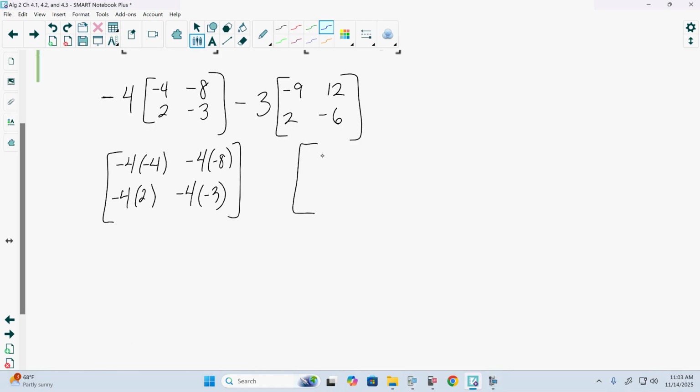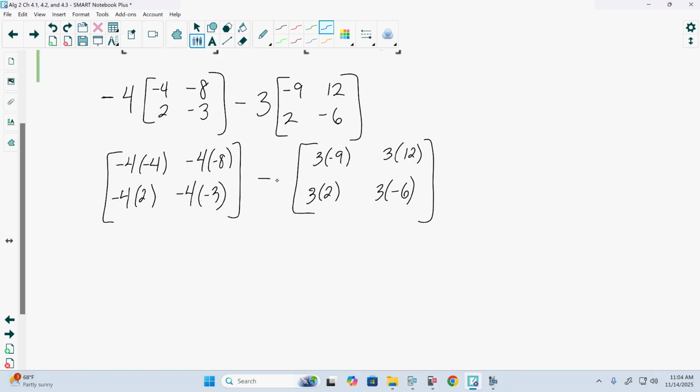Now in the second matrix, we have a choice. We can multiply it through by 3, positive 3. And if we do, the negative is going to stay put, because if we multiply through by just positive 3, we're still going to subtract the 2. Okay?